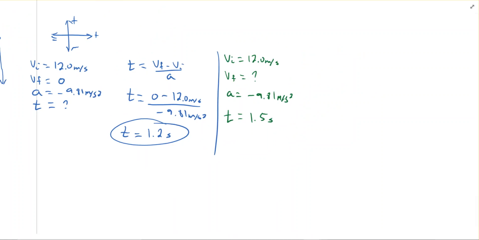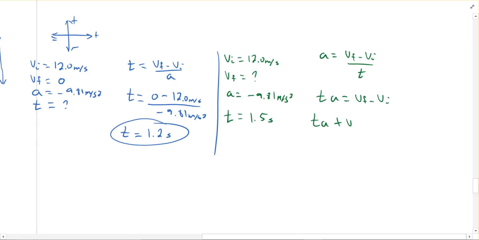So let's say A is equal to VF minus VI over T. And then rearranging, we've got T times A is equal to VF minus VI. And then finally, T times A plus VI is equal to VF. And then just fill in what we know.